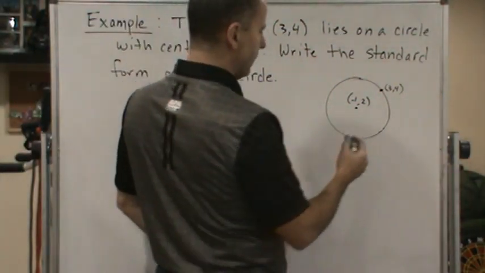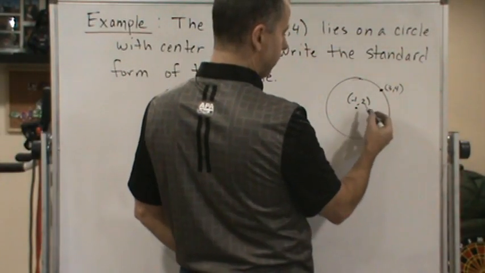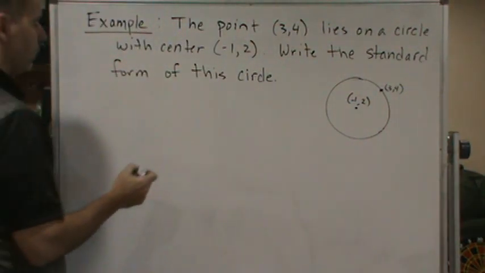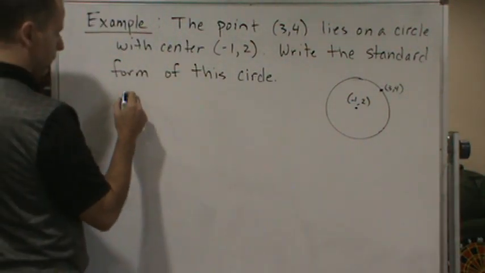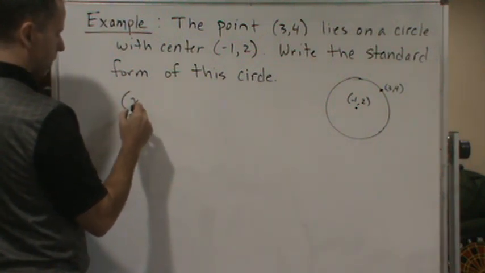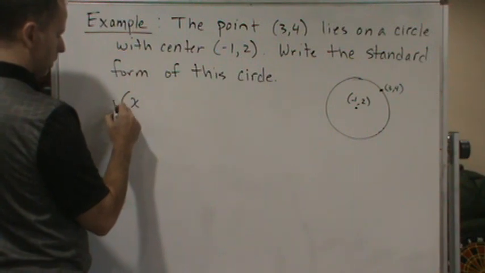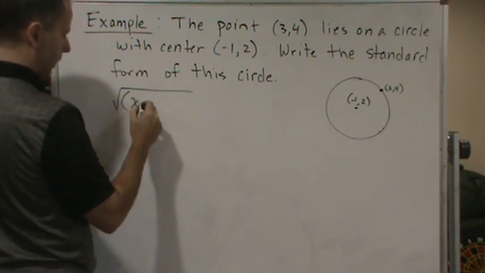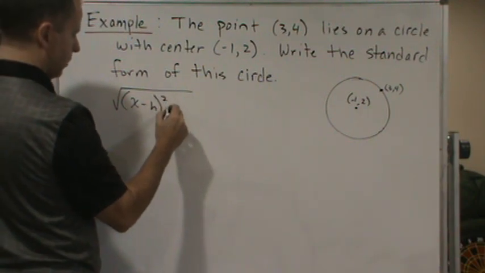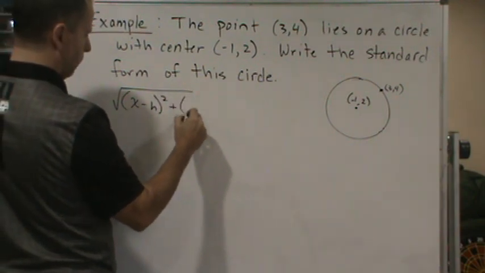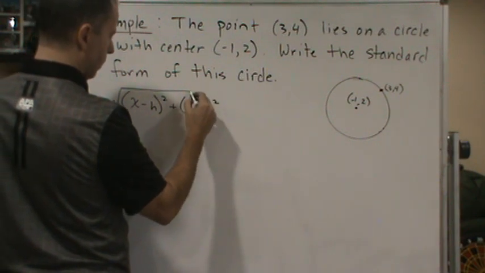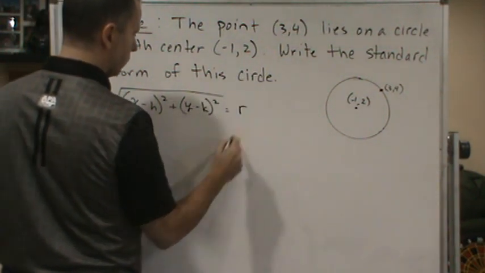Okay, so we need to find the distance between these 2 points. We need to find r. And so we can use the distance formula, right? The square root of (x minus h) quantity squared plus (y minus k) quantity squared equals r.